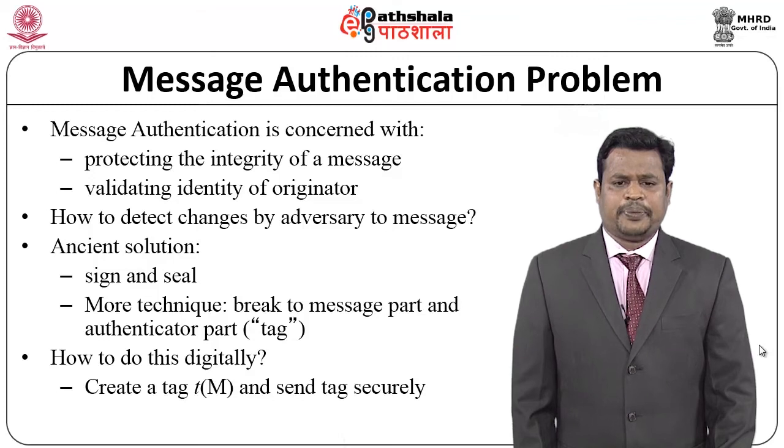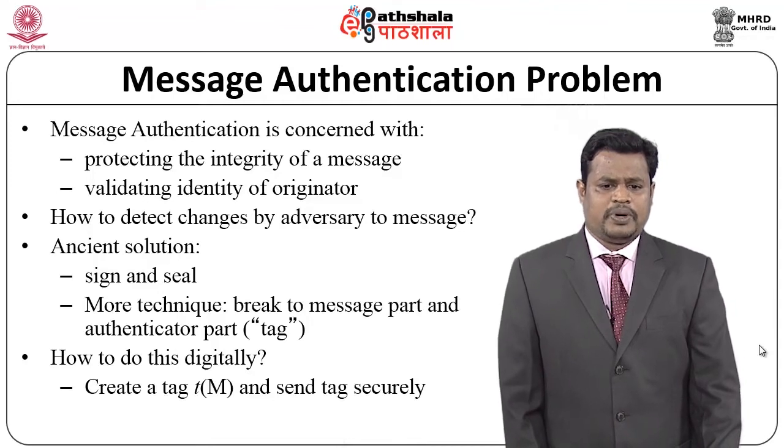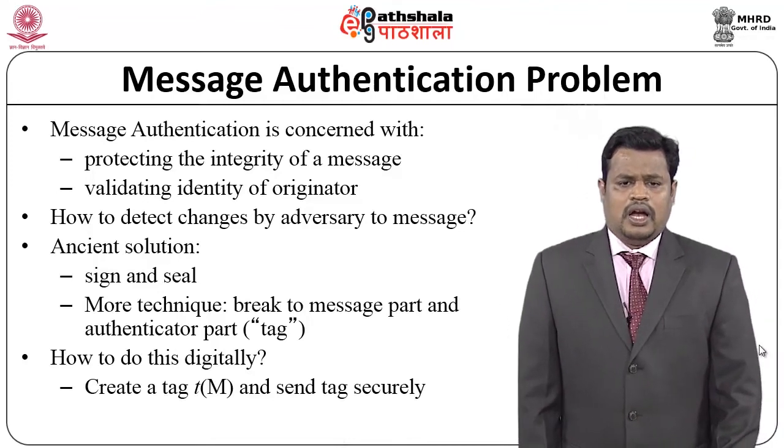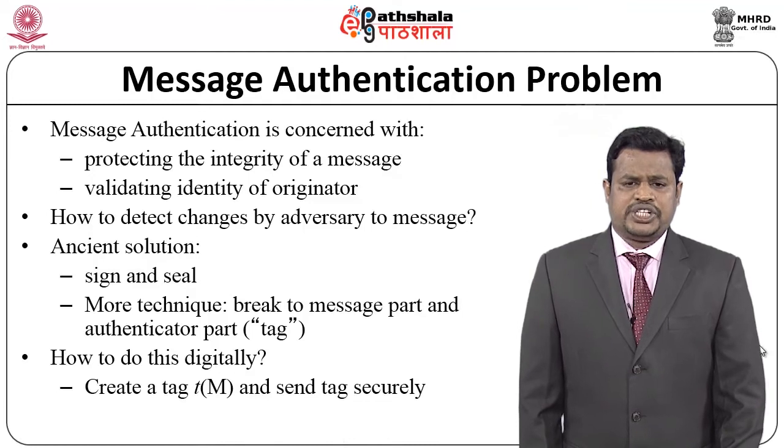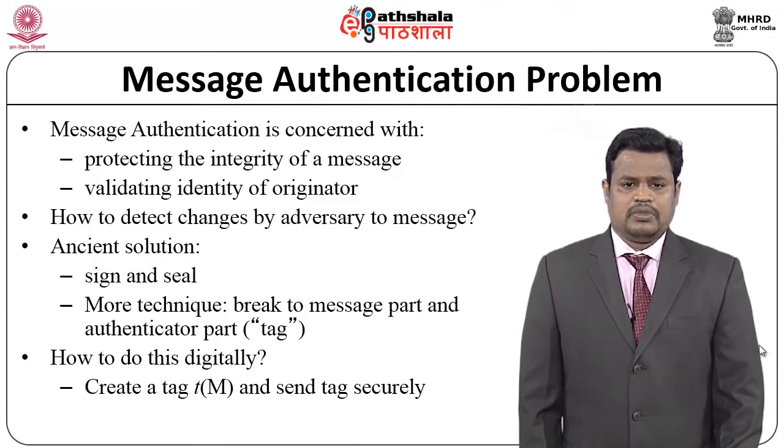If it is a computer or the internet, suppose a person wants to send a message to another person, and you have to ensure that the message has been originated from the sender. So how is it done? Digitally, that means for the authenticator part, we use a tag and the message part. How is it done digitally?